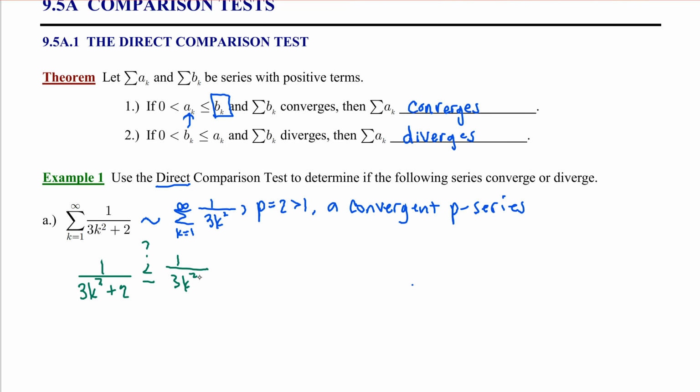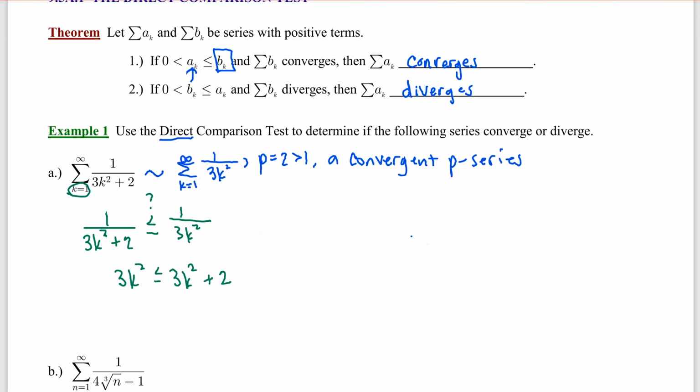Now notice because k starts at 1 and goes to infinity, all of these values are positive. That means I can go ahead and cross multiply here without having to worry about reversing my inequality sign. So we have 3k squared less than or equal to 3k squared plus 2.